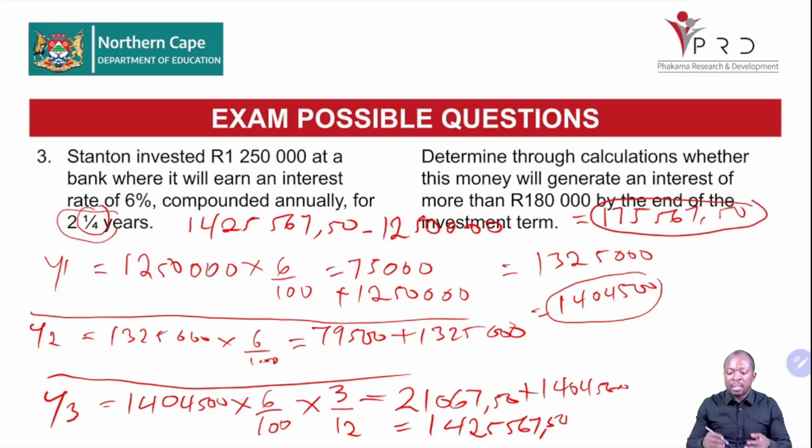Now the question is, is this money equal to 180,000? Did it reach 180,000? No. So you say that the interest did not reach 180,000. This is not where you say the question is wrong or incorrect. They just said find out whether the interest will be equal to 180,000, and after our calculations, we realized that it will not reach 180,000. So you say no, the interest generated will not be equal to 180,000. Then you are done for that.